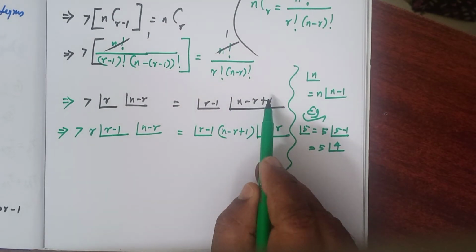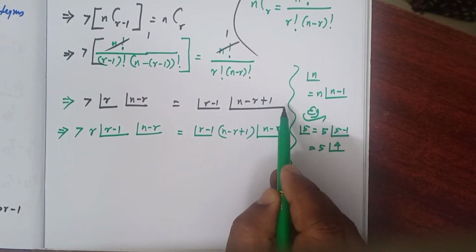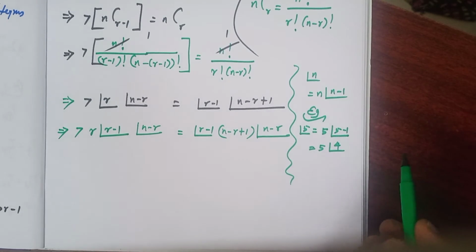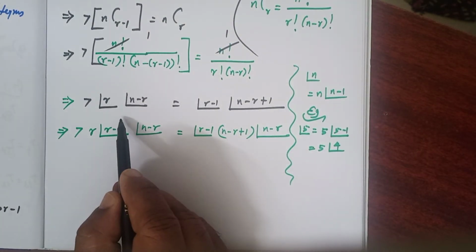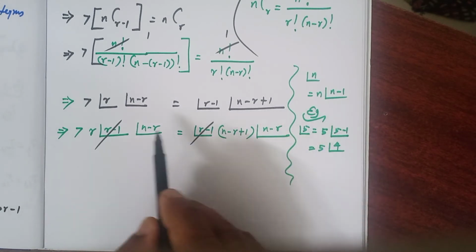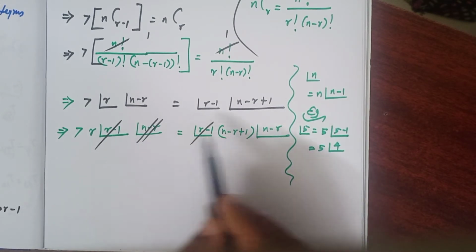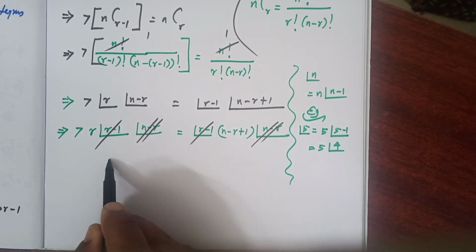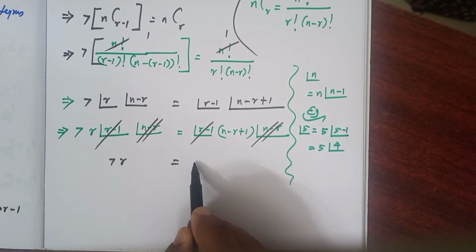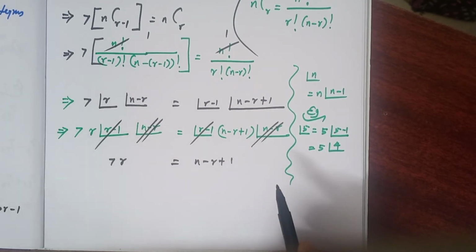From this you have to reduce 1, plus 1 minus 1 get cancelled, we get n minus r. I have written directly. Now r minus 1 factorial, r minus 1 factorial get cancelled, n minus r factorial, n minus r factorial get cancelled. So we will be getting 7r, that is equal to n minus r plus 1.